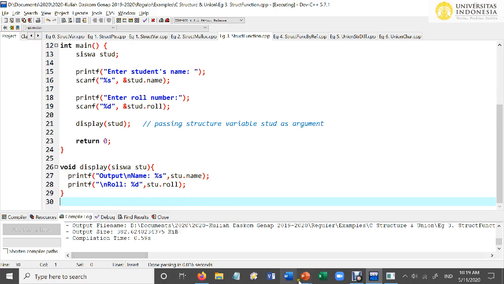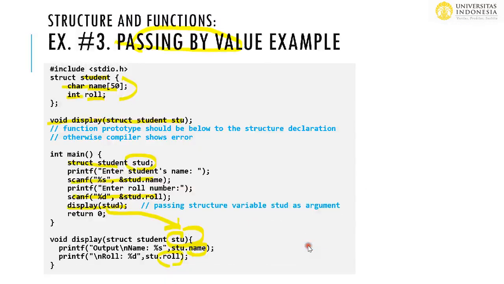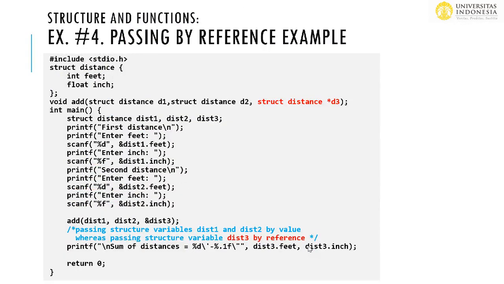The next one is how to make the function pass by reference. Let's see this example. Still remember the British unit of distance, feet and inch? Here you do the same way. You are adding two distances and presenting the result in feet and inch respectively.